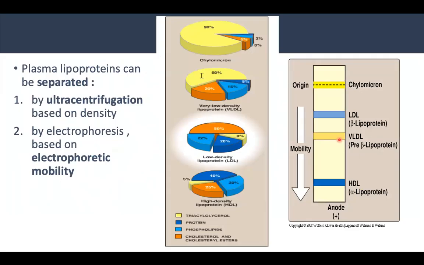And so because of that, it's going to be more attracted to the anode. So you can imagine it's a little bit more negative, for example. So it's going to be attracted to the anode. Versus my LDL is not as polar, so it's not as attracted. And their sizes are sort of similar, and so that's why this difference comes about. So this is very specific to electrophoresis. I'm not telling you the VLDL is smaller. That's not what I'm saying. I'm saying it's more polar. So hopefully that makes sense.